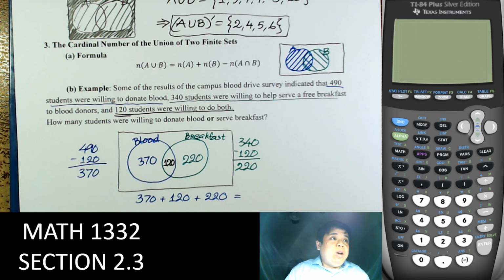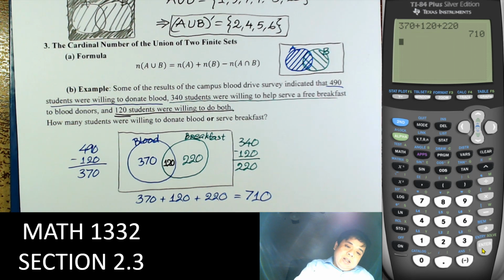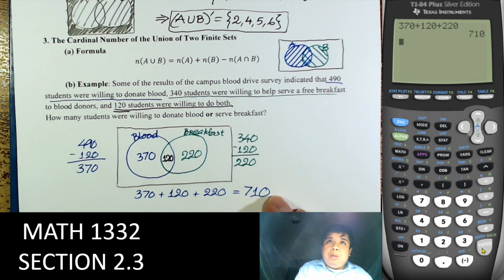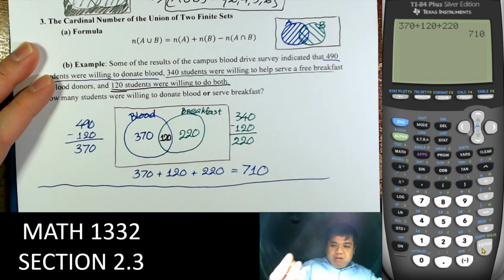Right. So we have a calculator there. That's 710. This is either donate blood or serve breakfast. Right, so that's nice and all, but we have the Venn diagram like that.